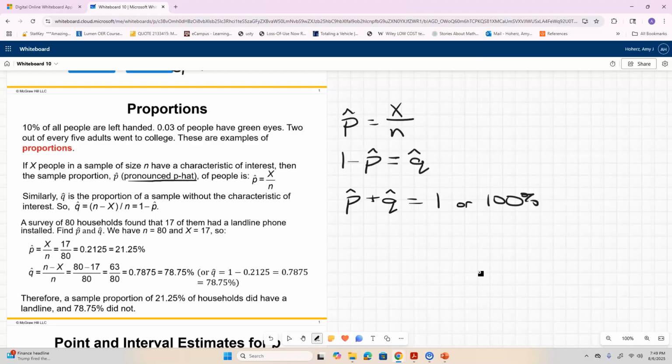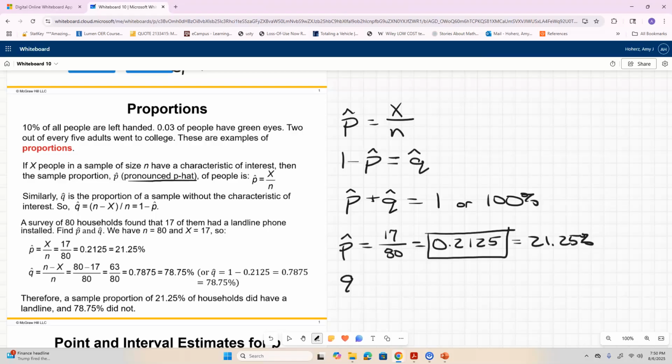So to calculate P hat, we're just going to take 17 out of our 80, and that is 0.2125 or 21.25%. In the formula, you're going to be using the decimal or a fraction, but you don't want to use a percent in your formula.